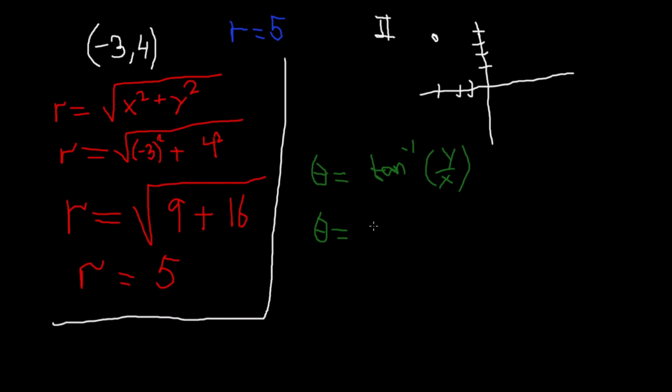So theta equals arctan of 4 over -3. Now I can use my calculator to find the arctan of 4 over negative 3. So I got -53.13 degrees.